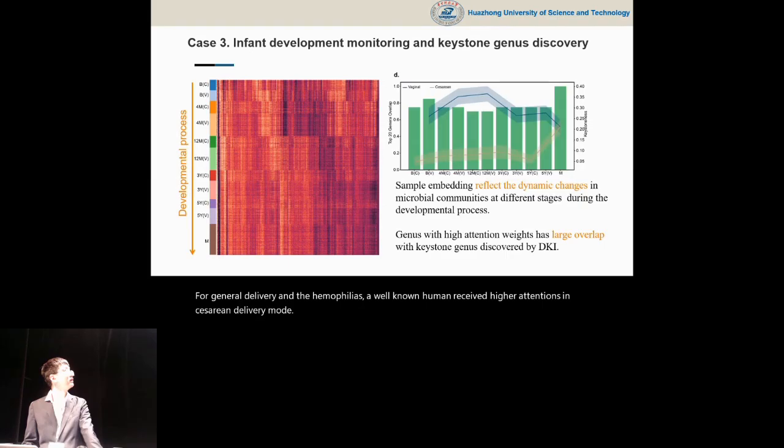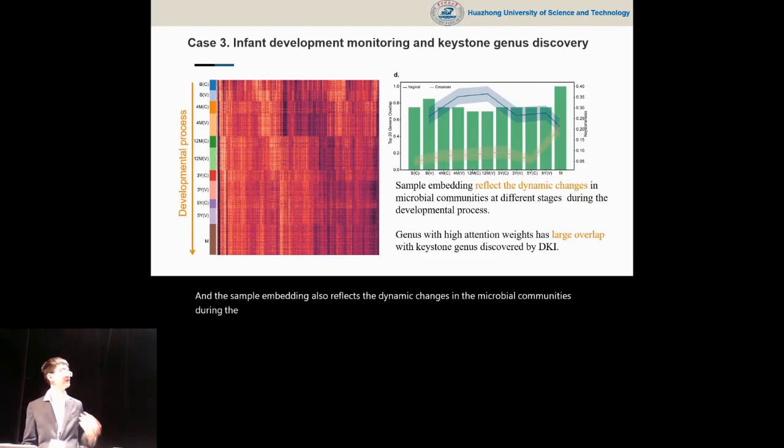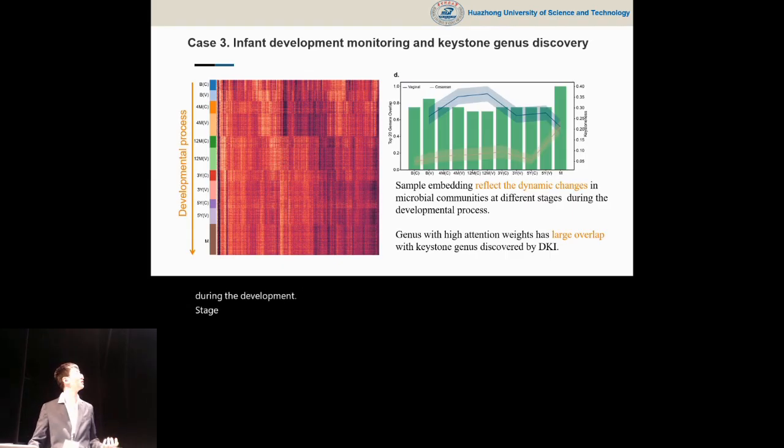The sample embedding also reflects the dynamic changes in the microbial communities during the development stage. The embedding becomes more like their mothers'.